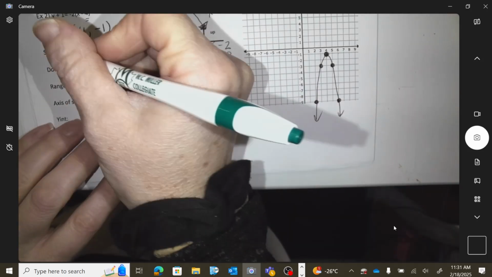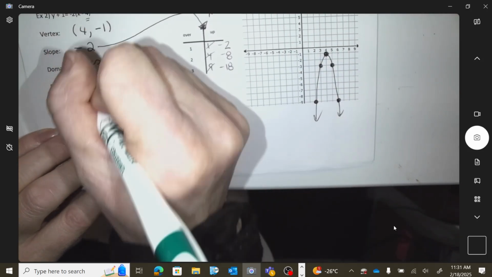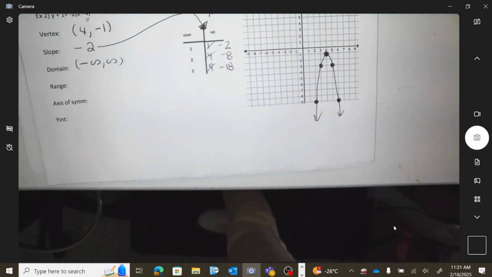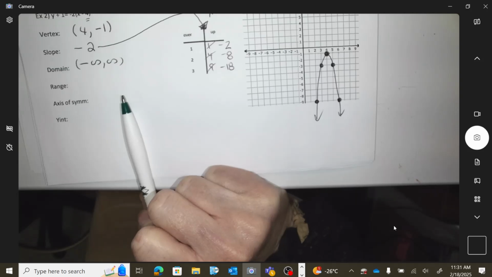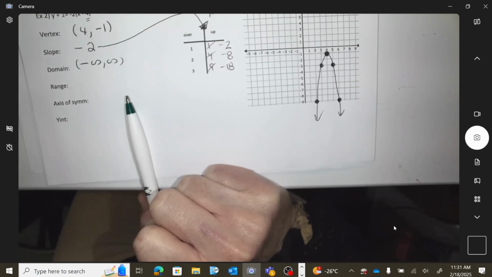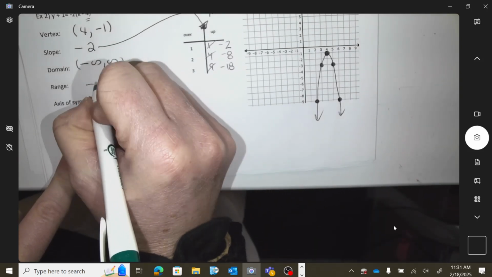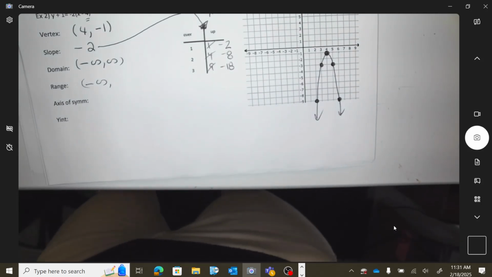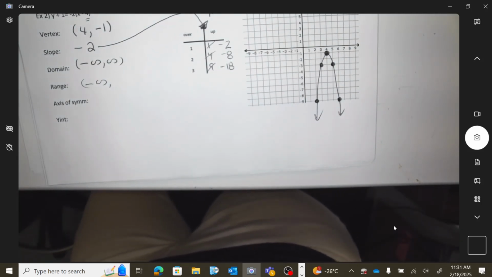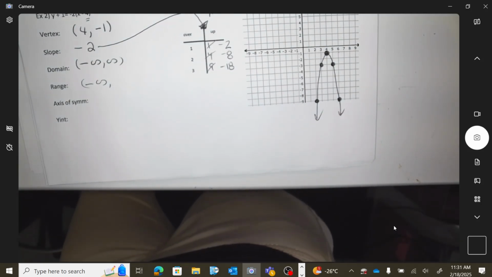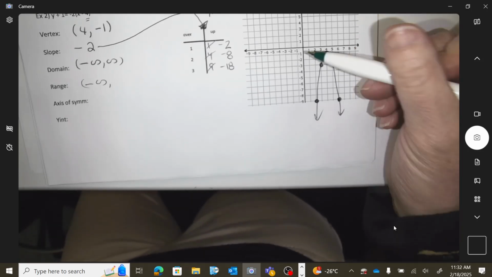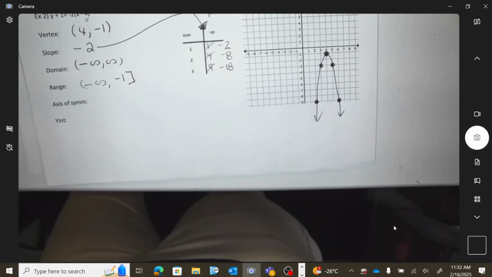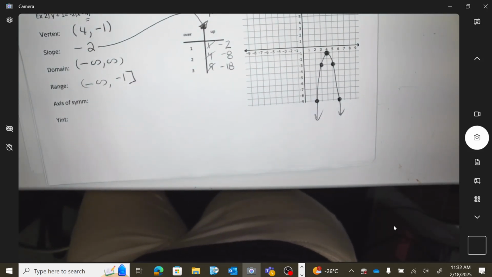Okay, domain, -infinity to +infinity, left to right. Range, how low do you go here? Low is -infinity low, down, down, down, to a top height of, what's the highest I'm going to get? -1 inclusive square.